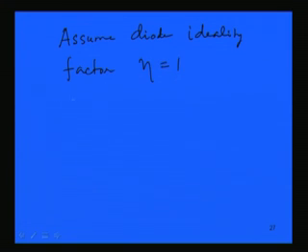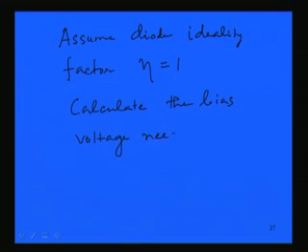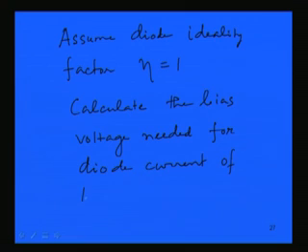Also, you have to calculate the bias voltage needed for diode current of 1 milliampere.